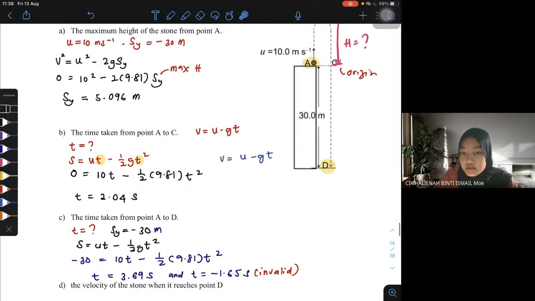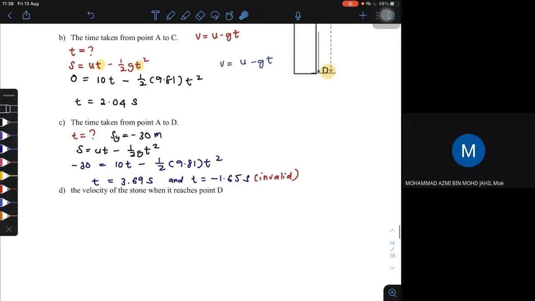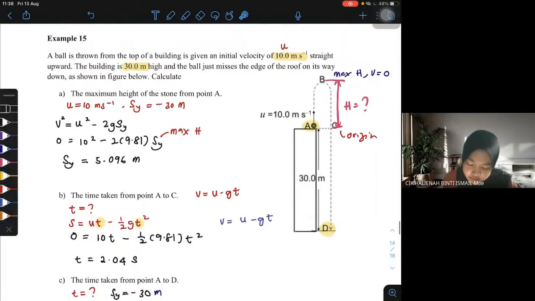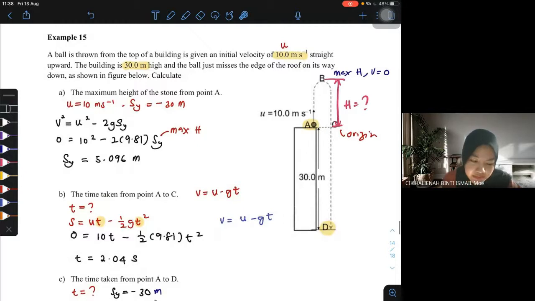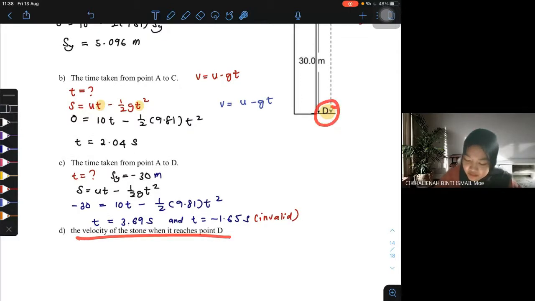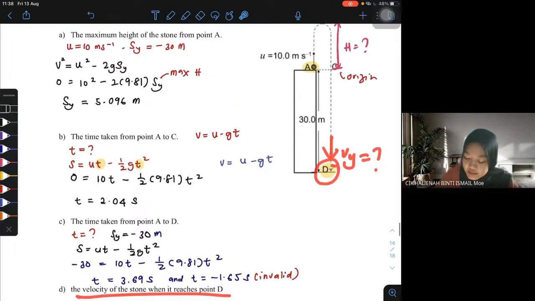Okay, Miss. Boleh Azmi? Boleh Miss. Okay, so last one. Okay, we want to find the velocity of the stone. Kenapa tiba-tiba stone? Tadi dia cakap ball. Okay, basically it's a ball. The velocity of the ball when it reaches point D. So we want to find the velocity bila dekat sini. Maksudnya V ke bawah lah. So velocity dia tidak akan sama lah dengan initial.